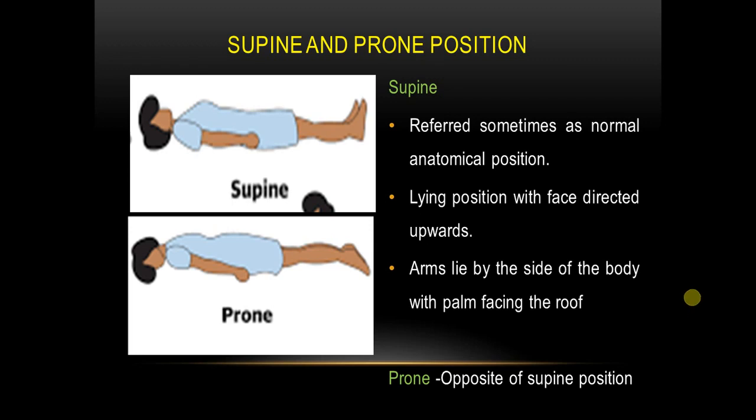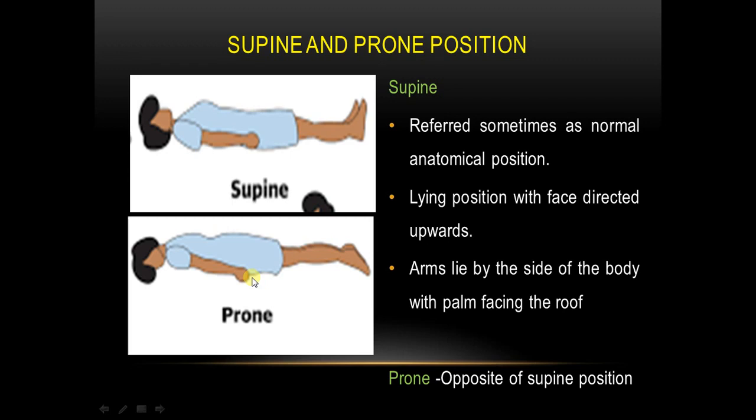The opposite of the supine position, what you see here, is the prone position, in which your back is facing upwards, whereas the anterior aspect of your body is touching the surface, with the head looking downwards. So the prone position is exactly the opposite of the supine position.